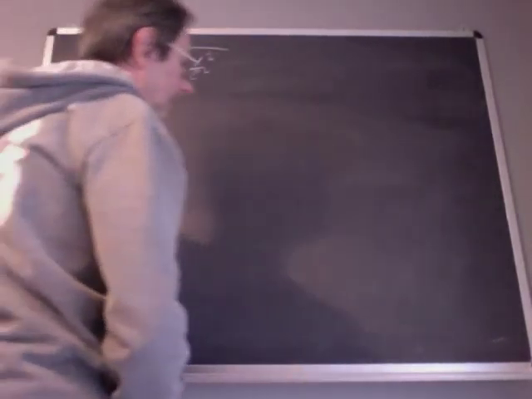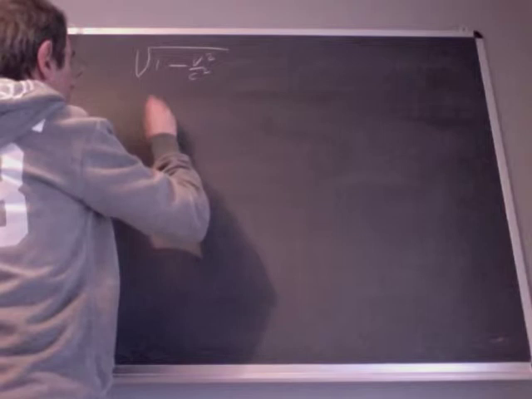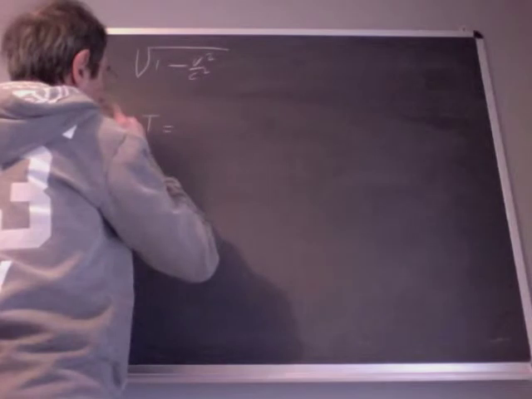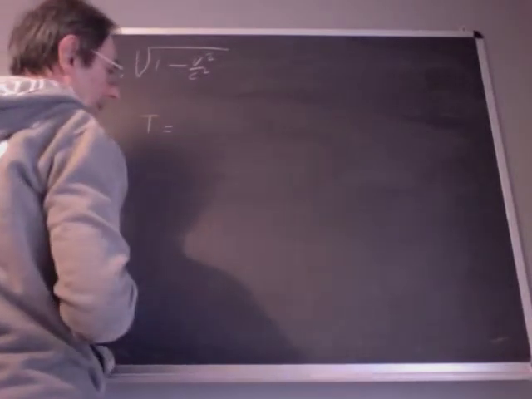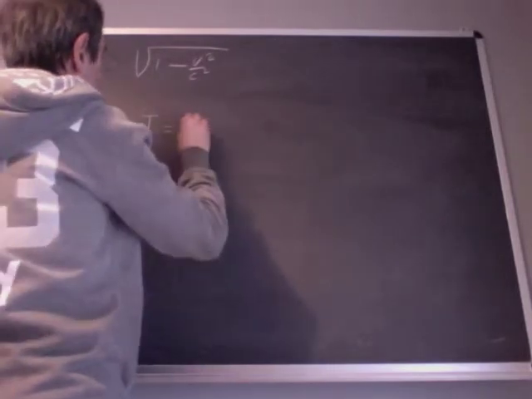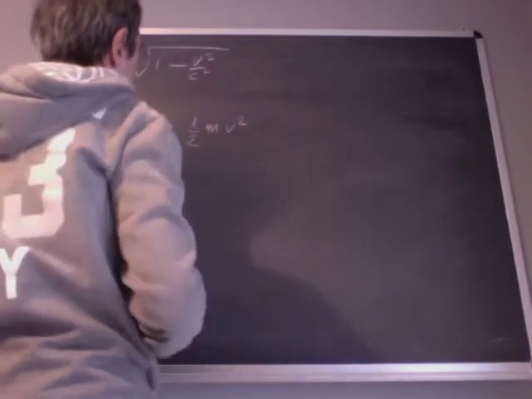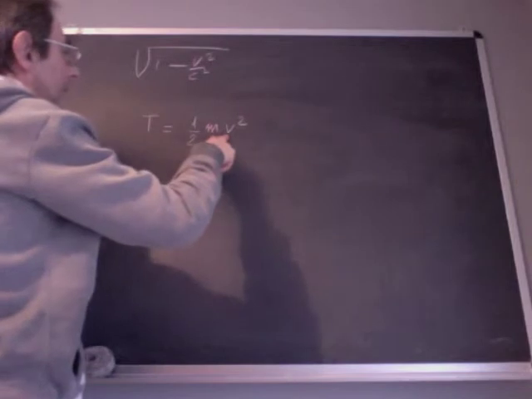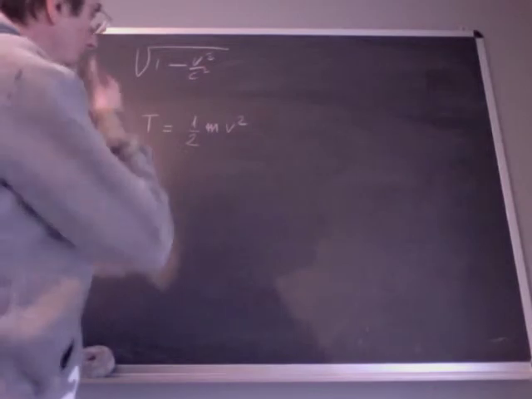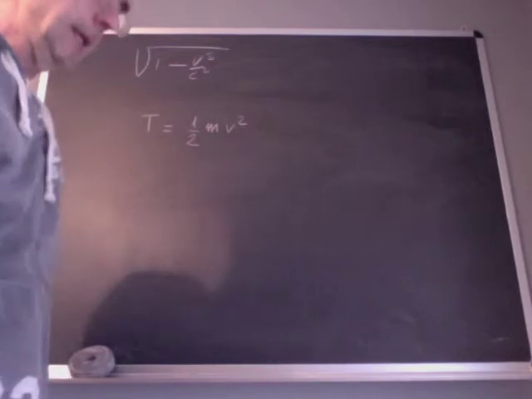As many of you know, the kinetic energy, normally indicated with the letter T, of a classical body moving at a certain speed v is equal to 1/2 mv squared, where m is the mass of the body and v is the velocity.